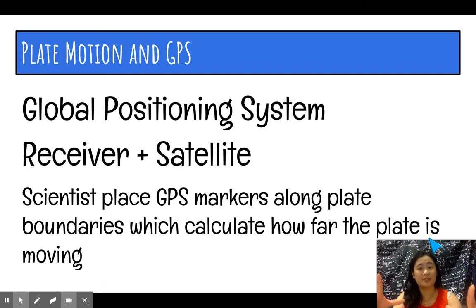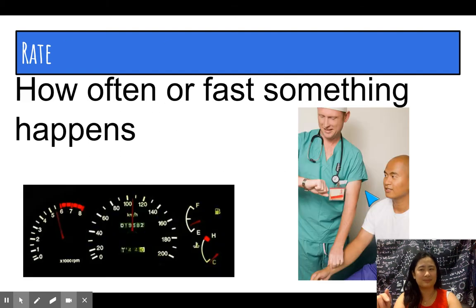The system is so much more reliable than having a scientist go and mark a rock with an X with a red marker or paint, and then go back in a certain amount of time to take a ruler and measure. So basically, it measures the rate of plate motion. And what I mean by rate is how often or how fast something happens.